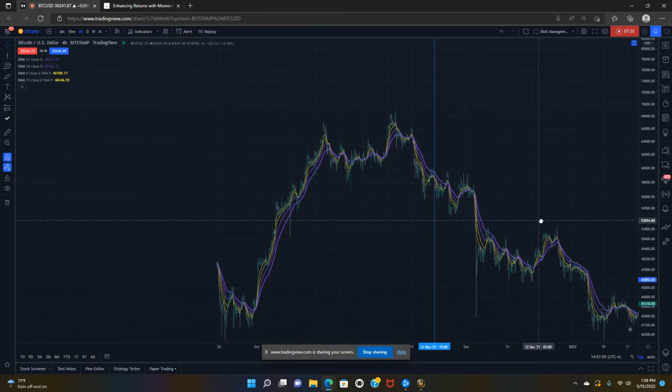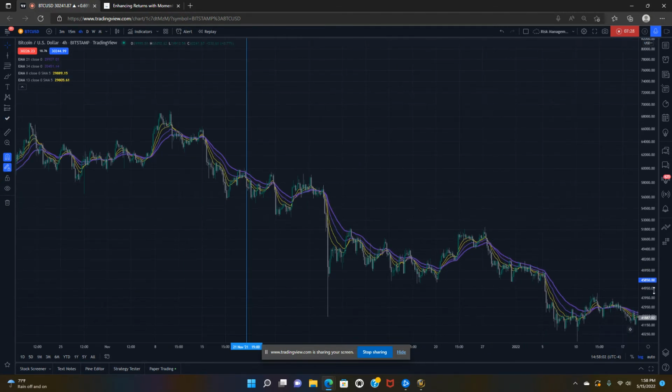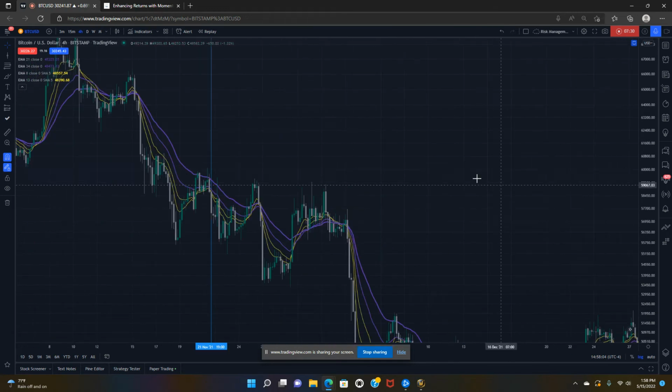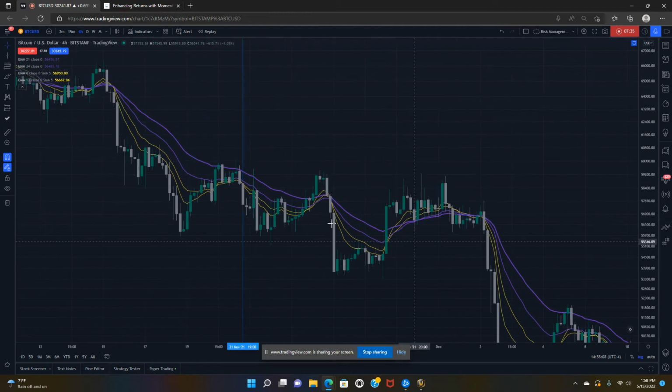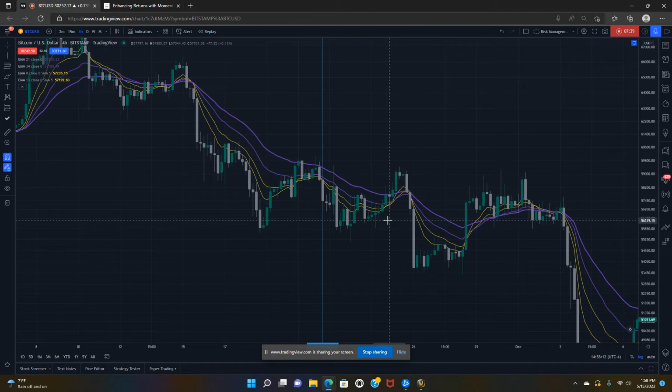So let's see. Okay, so here's where things turned around on the daily chart. Now, it already turned around on the 4 hour, but within the context of the daily, you could take. So here is an example of where the 4 hour turned down in line with the daily, right?